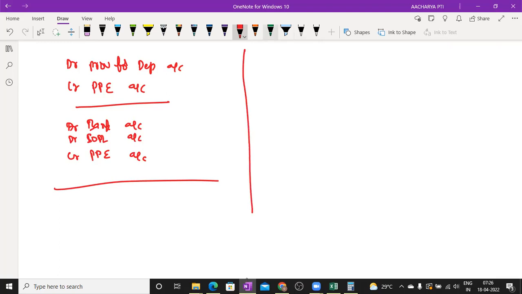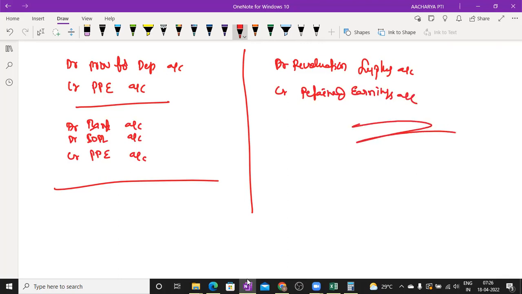And one more thing: if any revaluation surplus is available relating to the property we sold, that is transferred to retained earnings. We debit the revaluation surplus account and credit the retained earnings account.